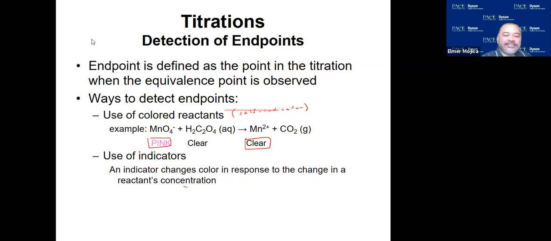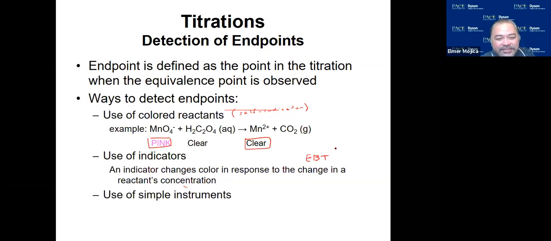Okay, and what did you use last week? What's the indicator that you used last week? The EBT. Okay, the Eriochrome Black T.